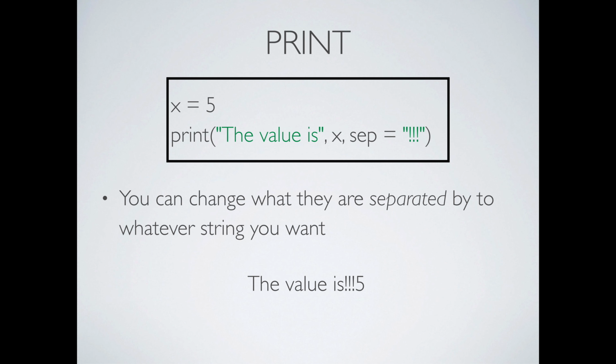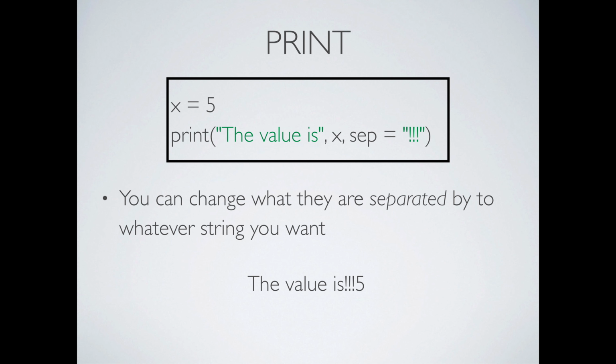You give it some string, and again it can be any string you want. Could be one of the special escape characters, could be something random like 3 exclamation points, could be the empty string, and then when it comes out as output, these commas, instead of coming out as spaces, will come out as whatever string you give it in sep.